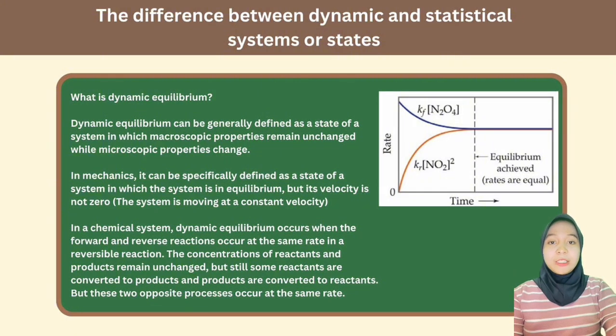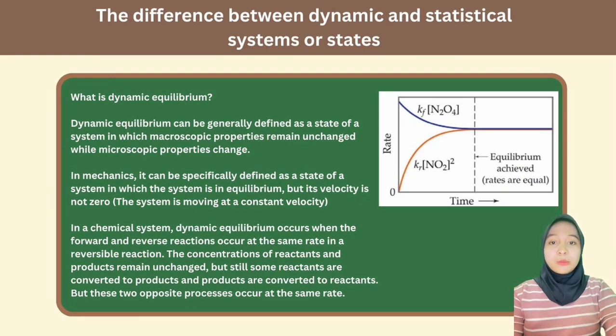In a chemical system, dynamic equilibrium occurs when the forward and reverse reactions occur at the same rate in a reversible reaction. The concentrations of reactants and products remain unchanged, but some reactants are converted to products and some products are converted to reactants.